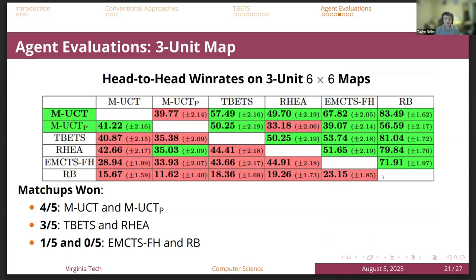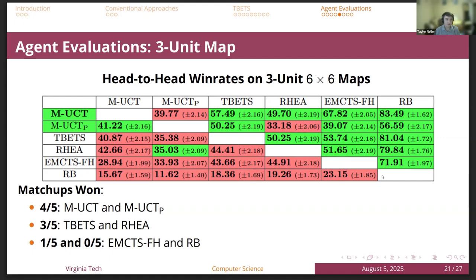So here's our first win rate table on the 3-unit map. We code the cells in green if that head-to-head matchup is a win, and red if that head-to-head matchup is a loss. Next to the win rate values in percent, we have a confidence interval, a 95% Wilson confidence interval.